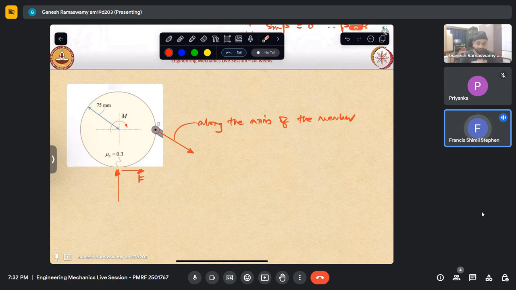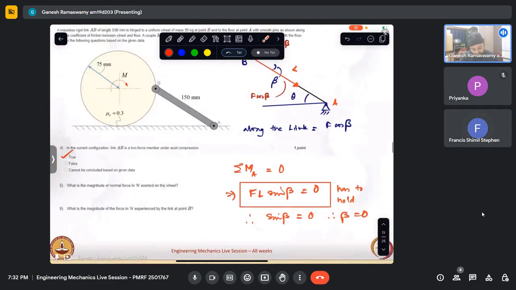Other end is hinged. No, this member is indeed hinged. You are saying that if this was not hinged, okay, let it be.